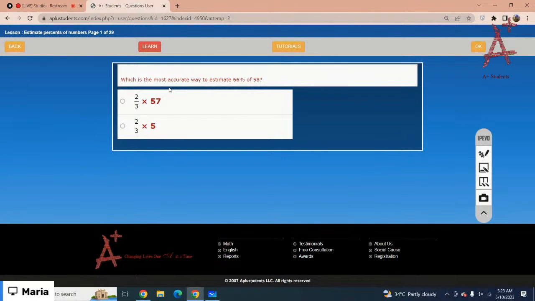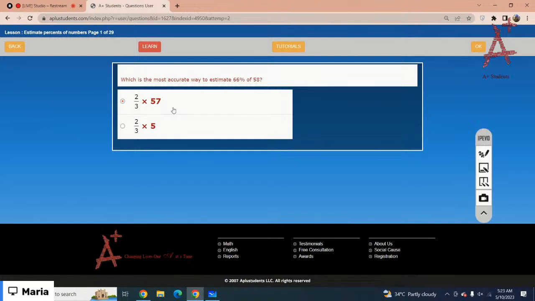It would be option number 1 because you can divide 57 by 3. So that's why you can replace 58 by 57. So the most accurate estimated answer for 66% of 58 is option number 1. That would be 2/3 times 57, because you can divide 57 by 3. You cannot divide 58 by 3.